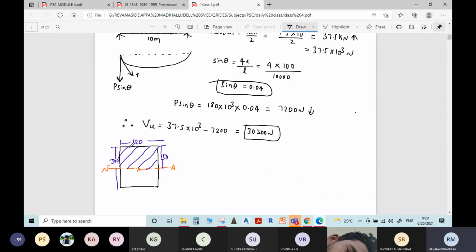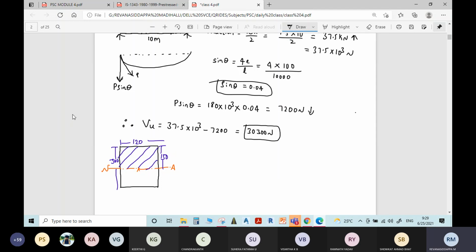Now you can calculate A y bar, right? We are taking the moment of the area about the neutral axis, and the area to be considered is above the neutral axis.